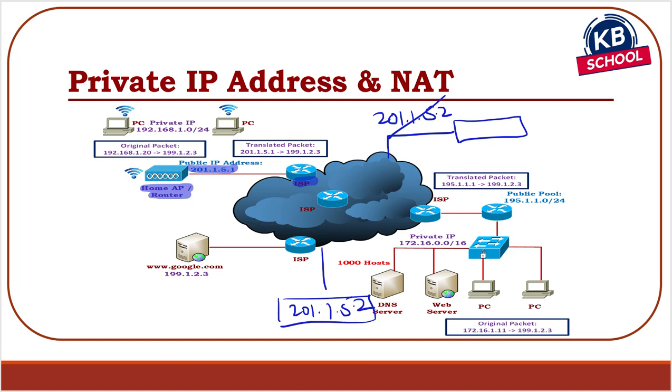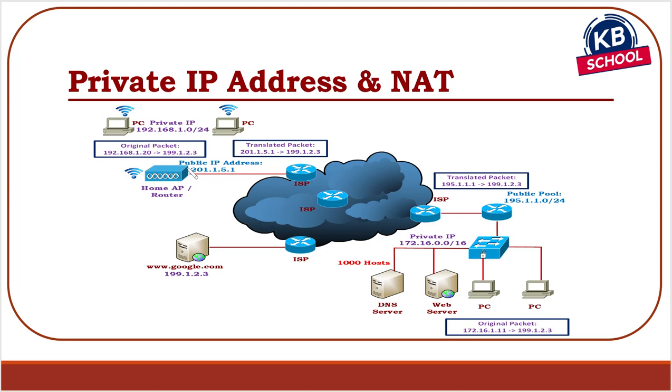Now, once the address is assigned, he gets an address of 201.1.5.1. His internal address space is from the Class C range, 192.168.1.0. So this PC might be 5, 6, 20, 21. On the outside, it's using 201.1.5.1 as a public address.